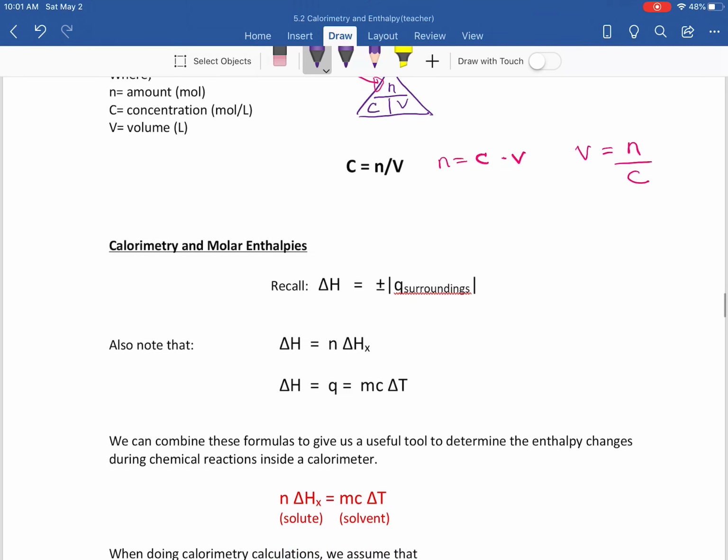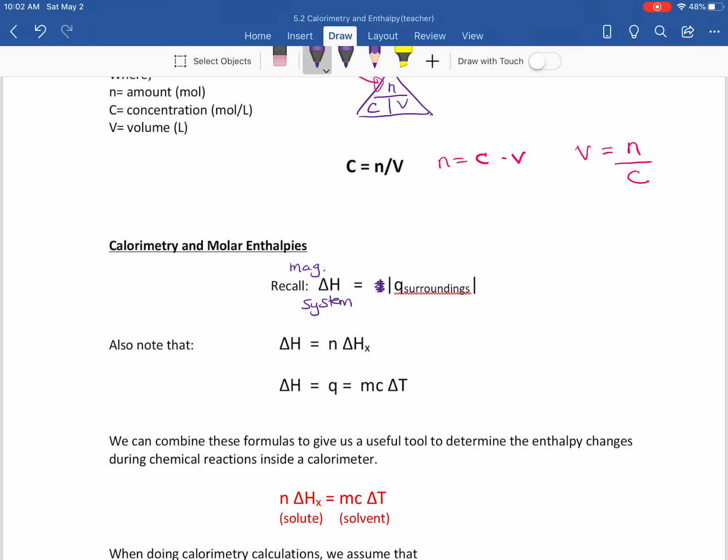Lastly, calorimetry and molar enthalpies. This is going to be something new. So that was the grade 11 review. Now we're moving back into grade 12 thermochemistry. If you can recall, the magnitude of the enthalpy change of the system is equal to the heat transferred to the surroundings.